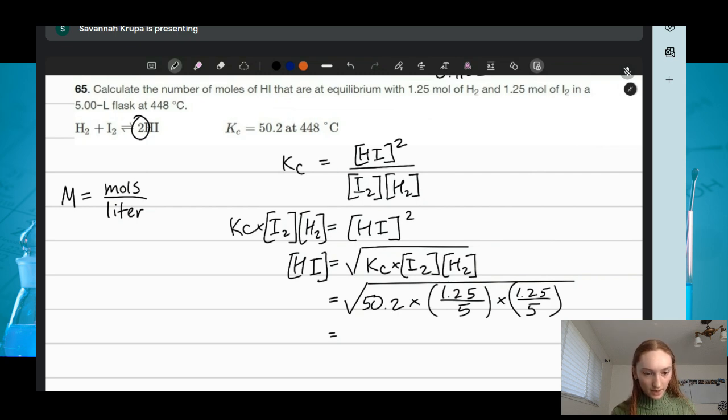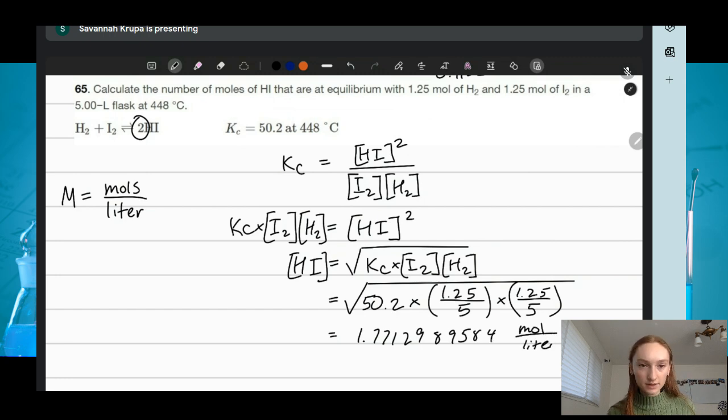So we will get an answer of 1.7712989584. But this is in moles per liter.